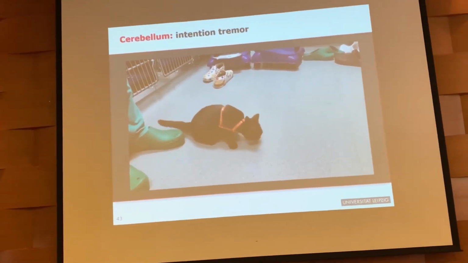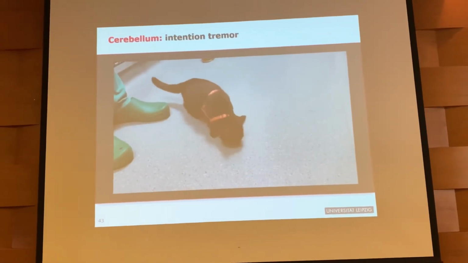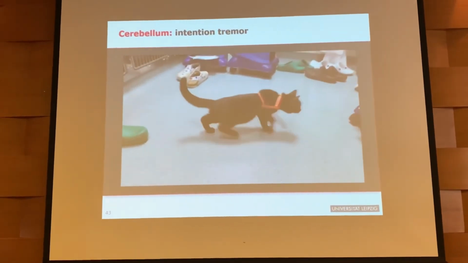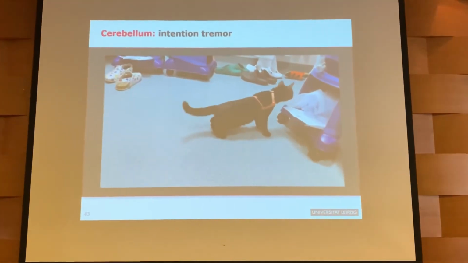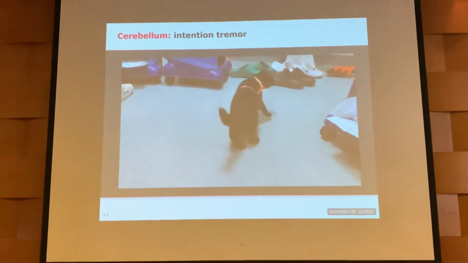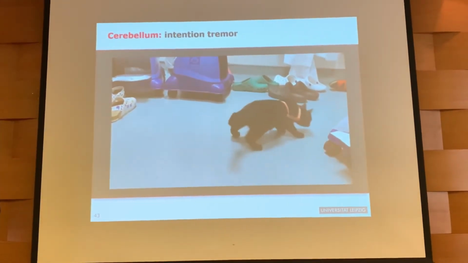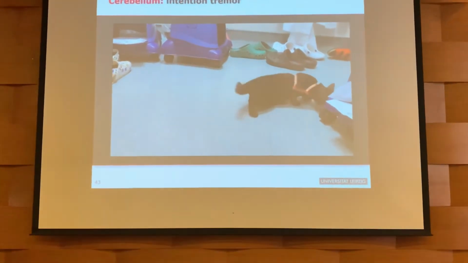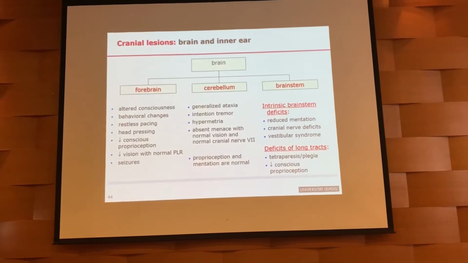If it tries to sniff somewhere, you see this tremor, intention tremor. If this happens in a young cat, chronic, usually non-progressive, do you know what? Can it be maybe linked with panleukopenia? Exactly, that's the most likely diagnosis. Yeah? Intrauterine panleukopenia infection.